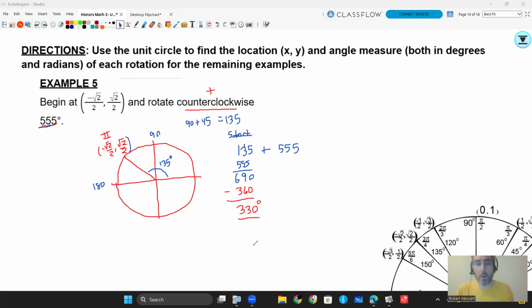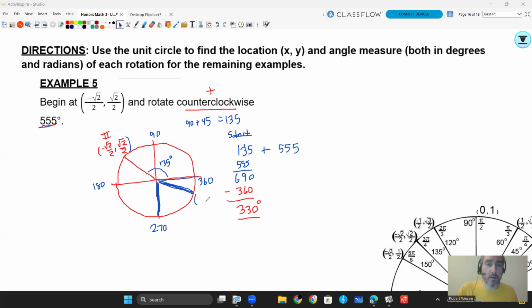So now we have to figure out where that's going to end up. So if I go to 330 degrees, well, let's start down here. This is 90, 180. This is going to be 270. This is 360. So I know 330 is 30 degrees less than 360. So that's going to be closer to 360 than it is to 270.